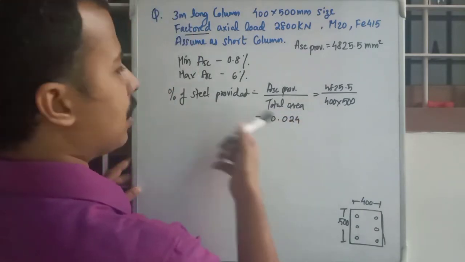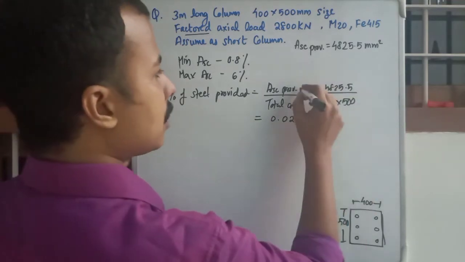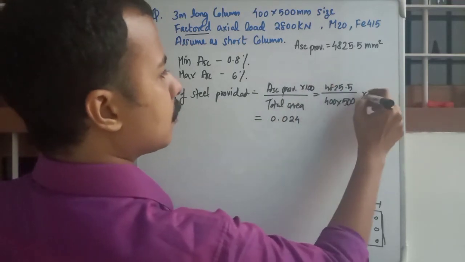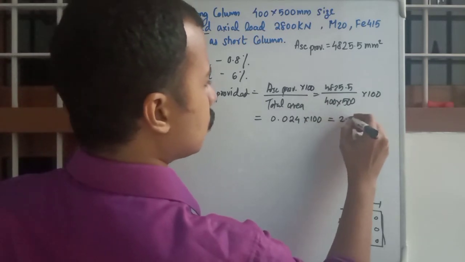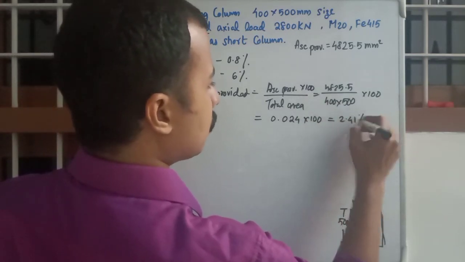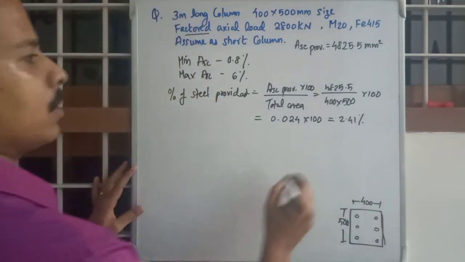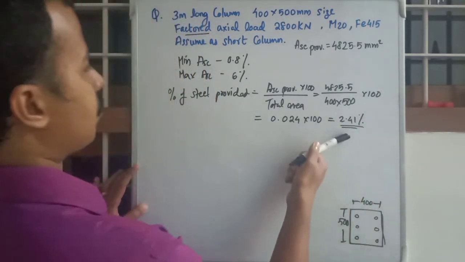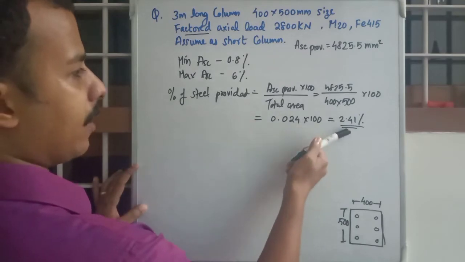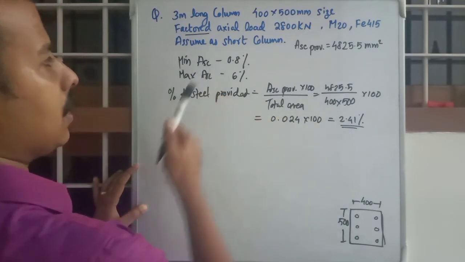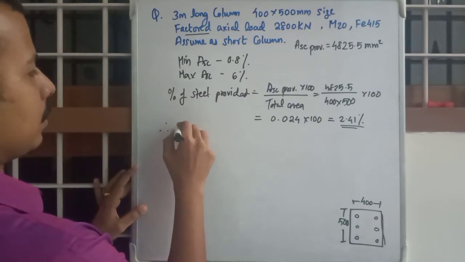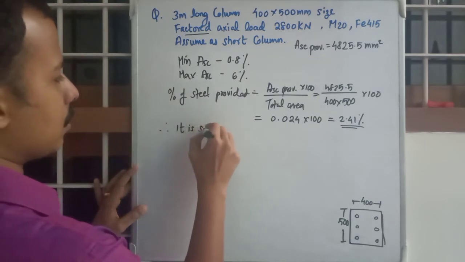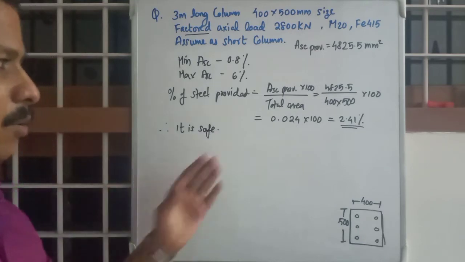For converting it into percentage you need to multiply with 100 obviously, so that is 2.41%. If we compare this percentage of steel provided, 2.41, with these two values, therefore it is safe. Try to write it as a sentence.